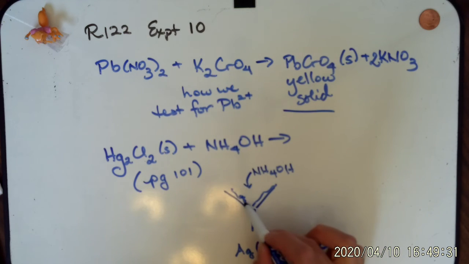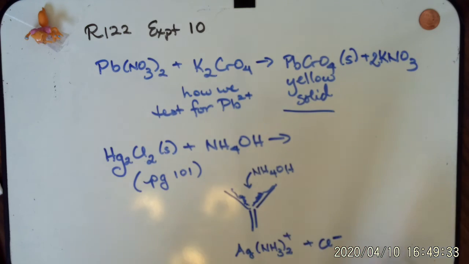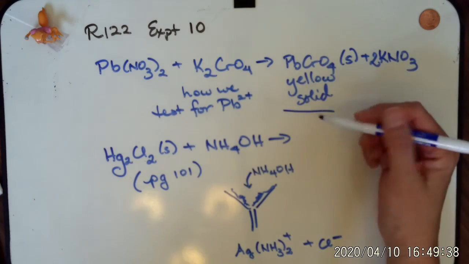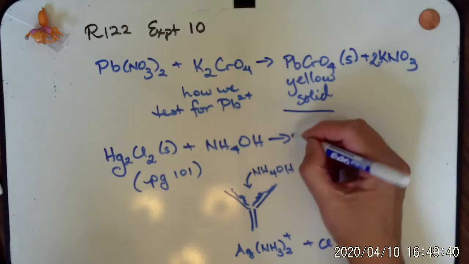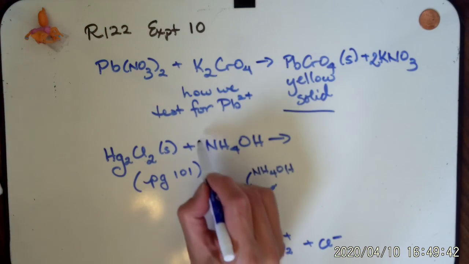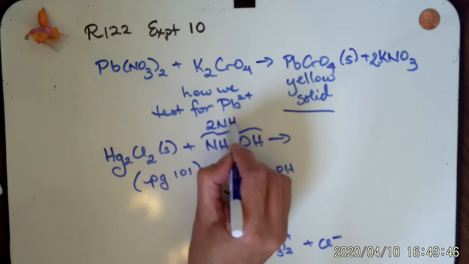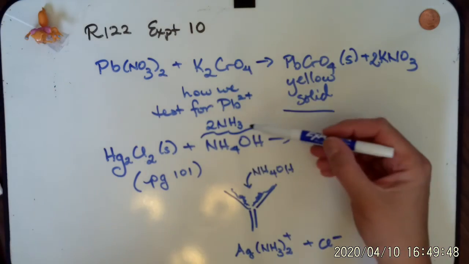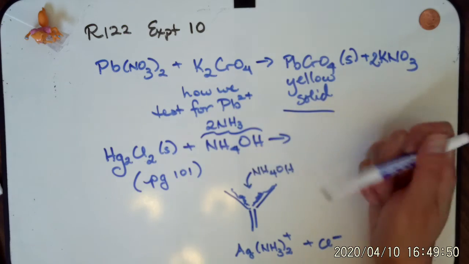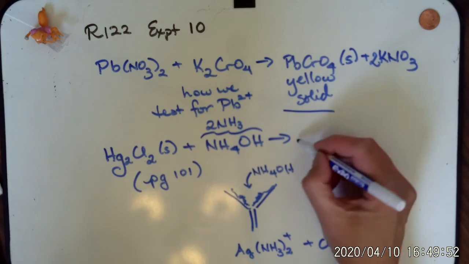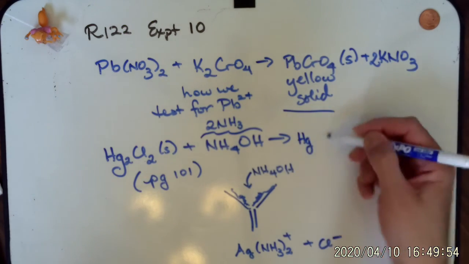And in here, if you have the mercury 1 chloride or mercurous chloride, this forms a complex. So, again, this is what you're going to get from your ammonium hydroxide. We showed you the equilibrium earlier. And you form this complex.